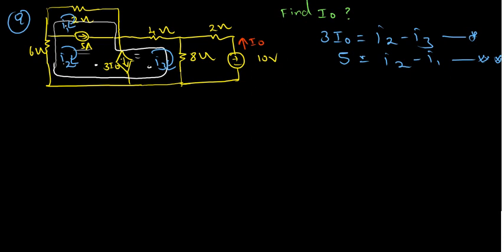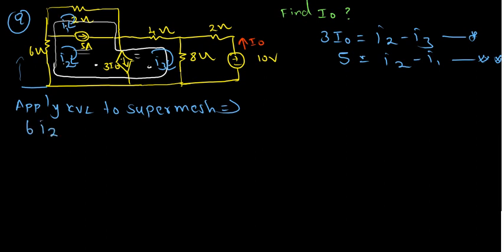We need to apply KVL to the supermesh. The supermesh is here, so I start from here and go around to the finishing end. Starting here, 6 I2 plus 2 I1 plus here 4 I3 plus here 8 times (I3 minus I4), where I put I4 in this mesh.